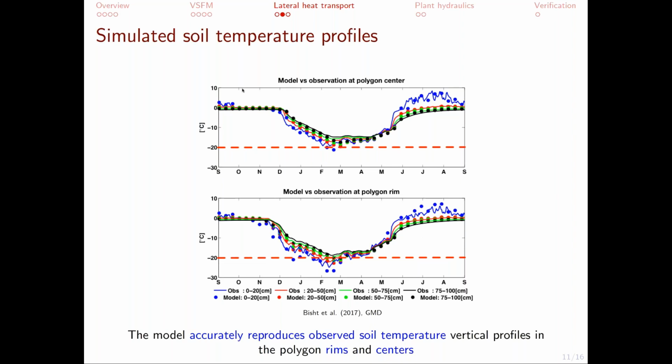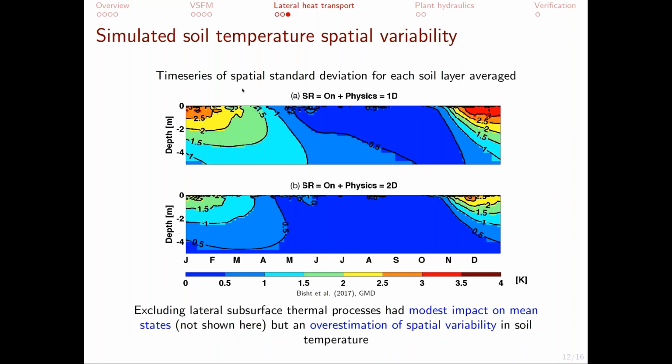The differences between these two regions are just because of the thicker snowpack in the centers, which provides insulation. So then moving on to the role of 1D versus 2D physics.